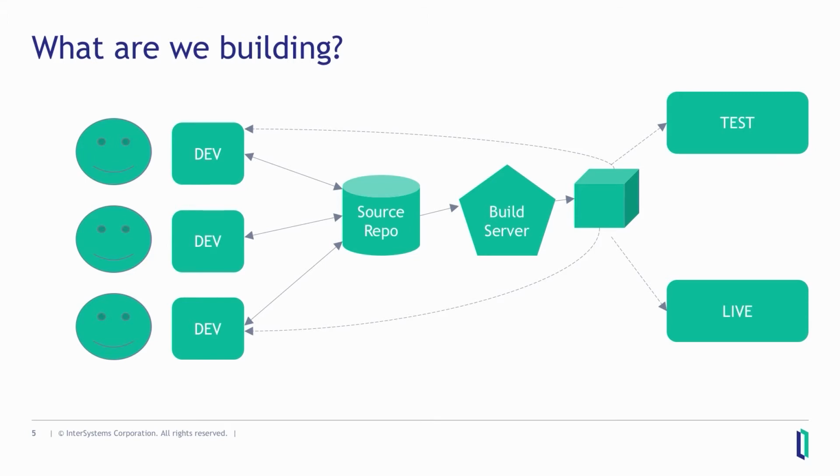They will all work with the same centralized source control repository, which will communicate to the build server. And the build server will build our Docker containers with the latest source code in the source control. And then our test environments, our live environments, and our development environments can all use these pre-built containers to quickly set up or update their environments.